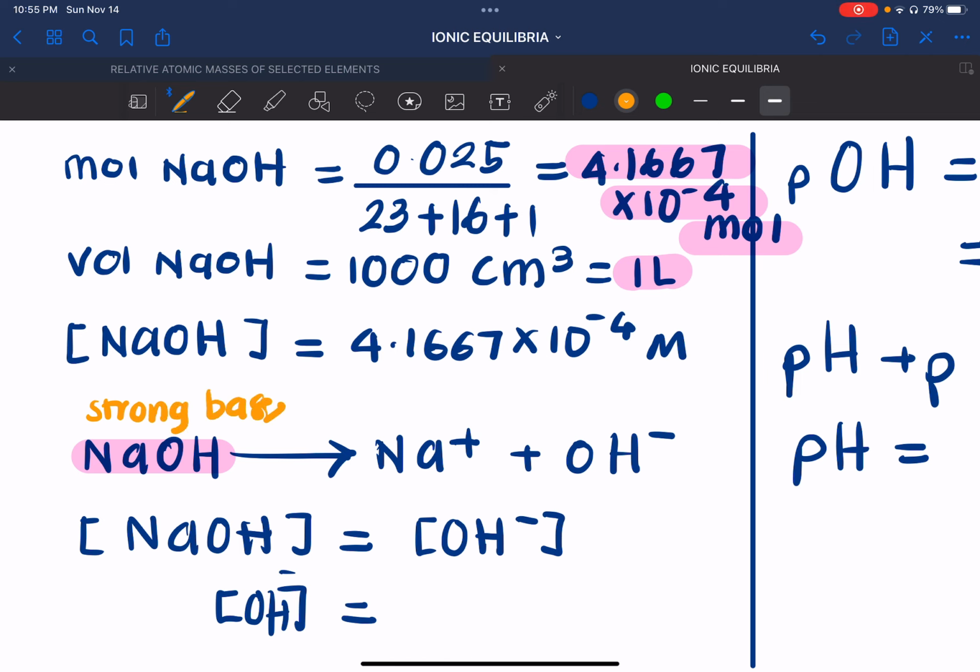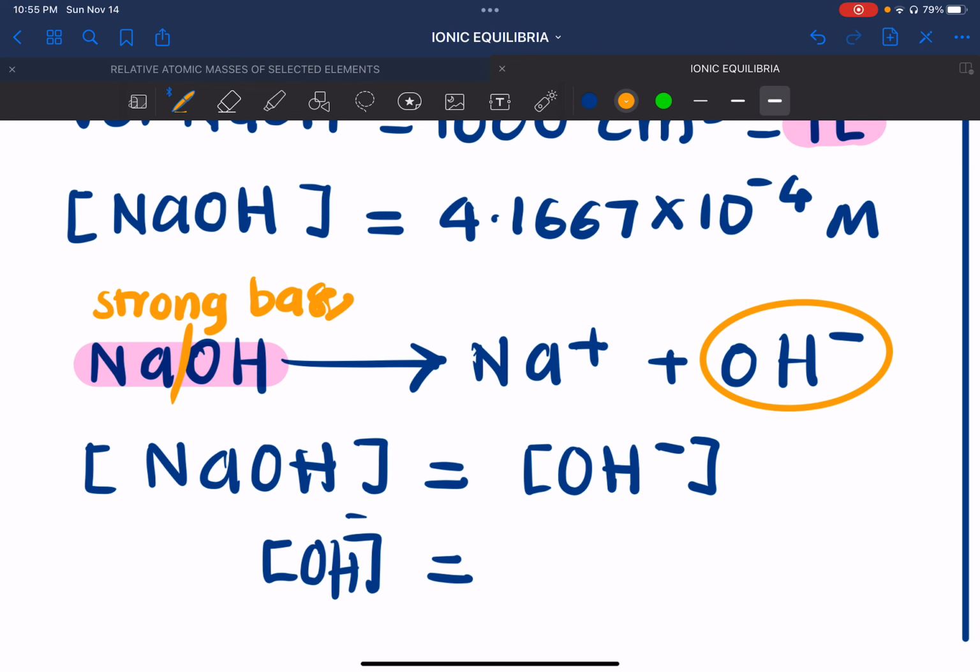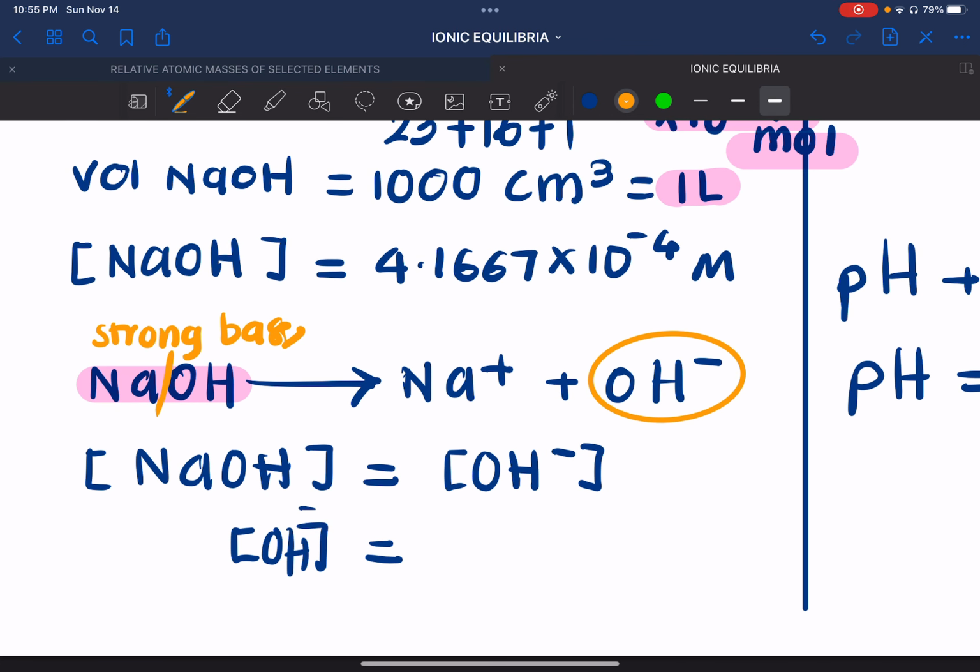So, ingat balik definition untuk strong base, dia dissociate completely jadi ion. Okay, so if we have the concentration of NaO tadi 4.1667 exponent negative 4, so untuk OH pun sama, which is 4.1667 exponent negative 4.